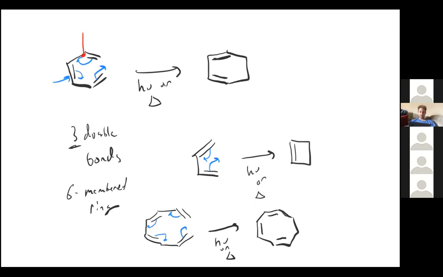Okay, let's talk about when we have substituents on here. I'm going to do these reactions with heat first.